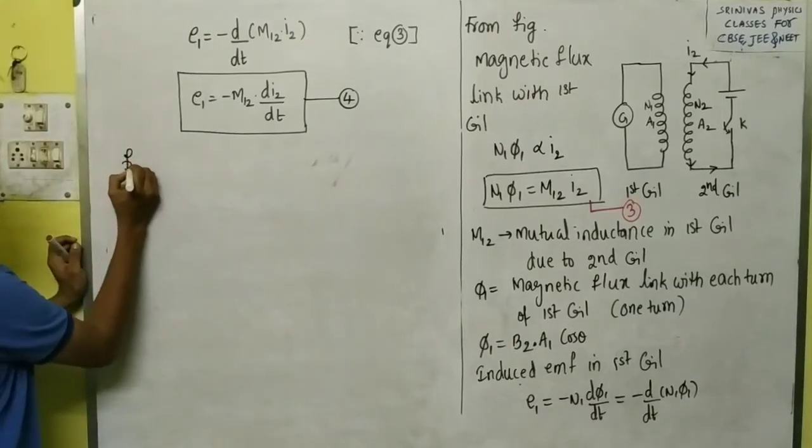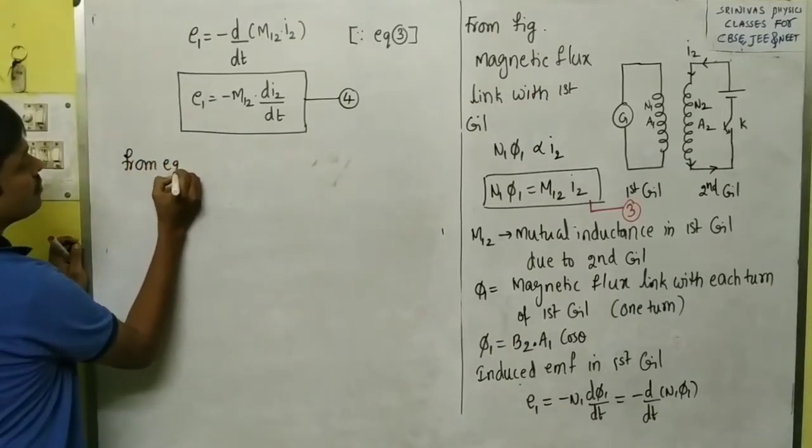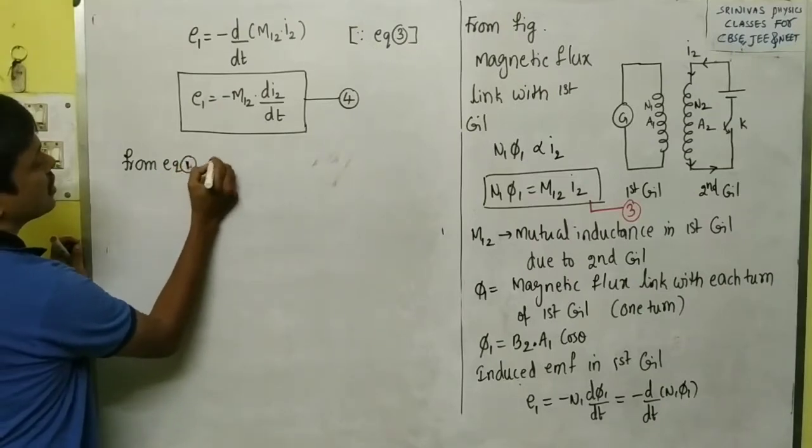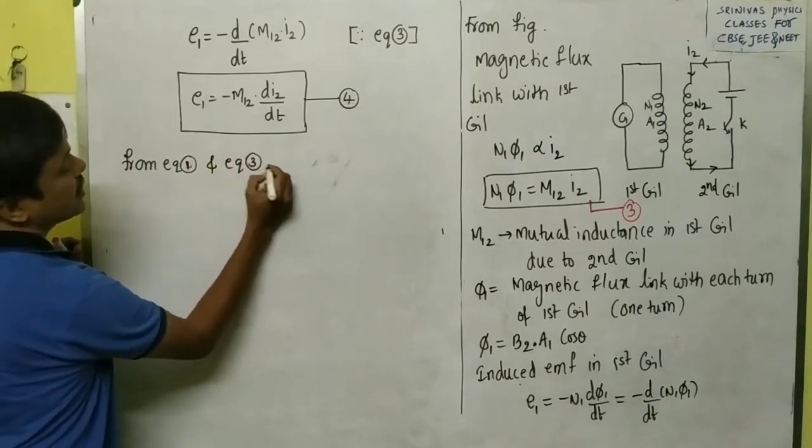Now from equation 3 and equation 1 and equation 2, equation 1 and equation 3, we write one thing.